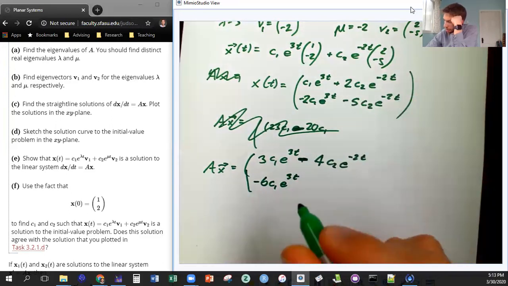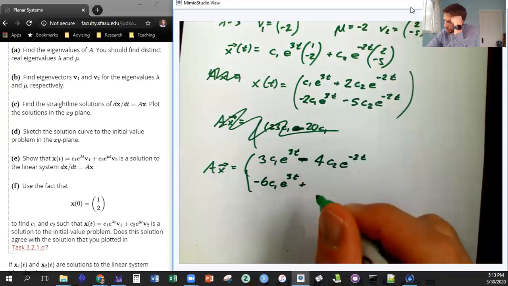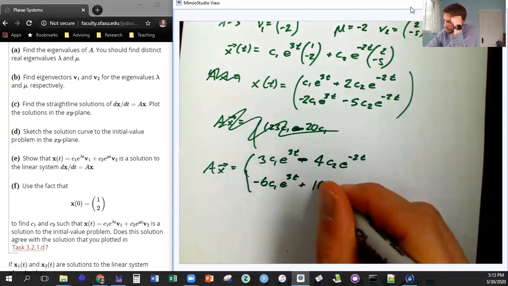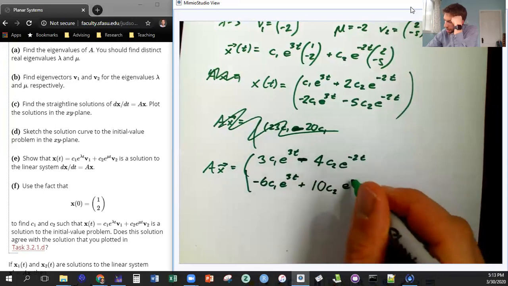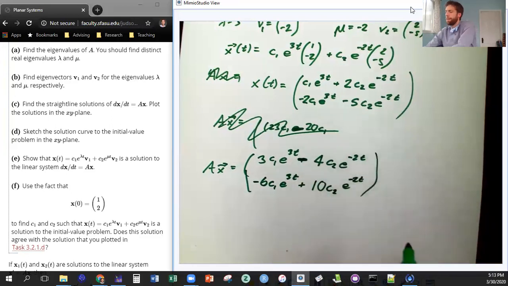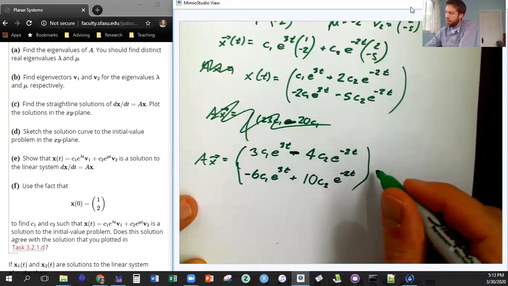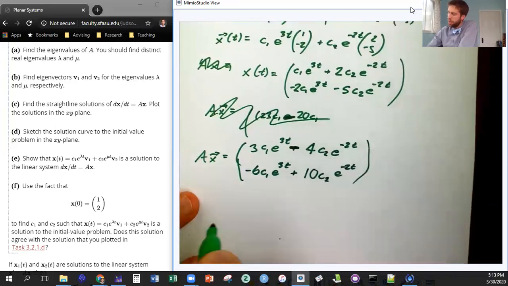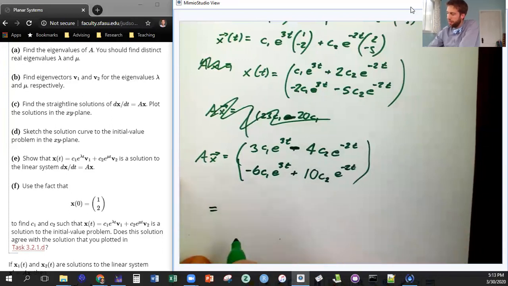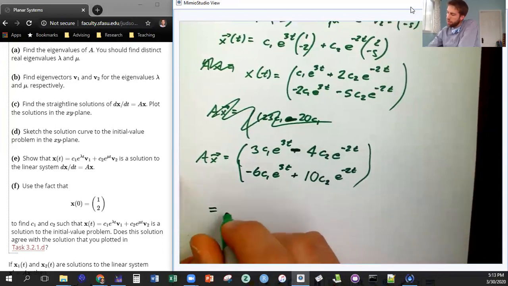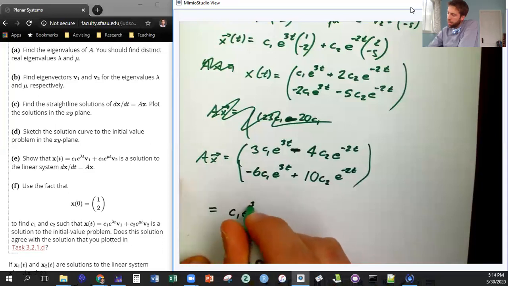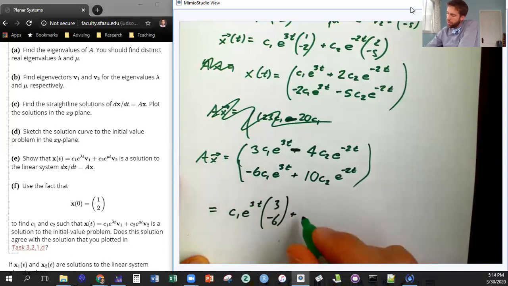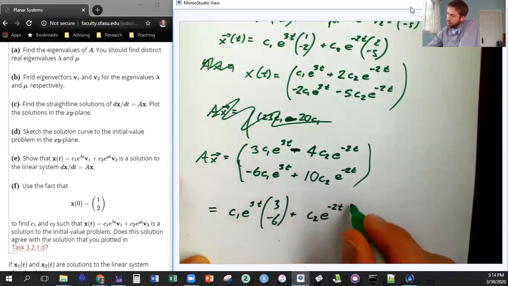So plus 10 C2 e to the -2t. Okay, so let's write this as, again, C1 e to the 3t times the vector 3, -6 plus C2 e to the -2t times -4, 10.